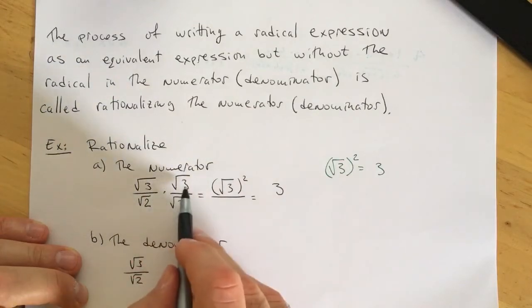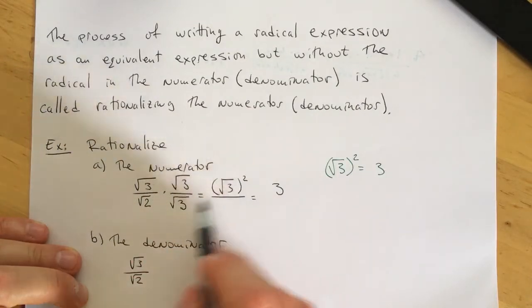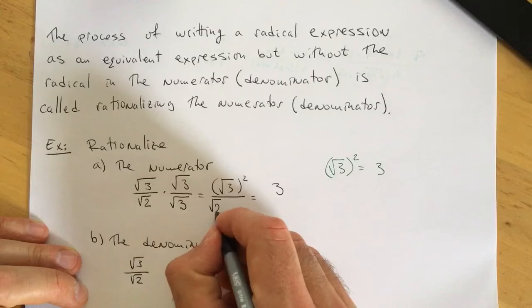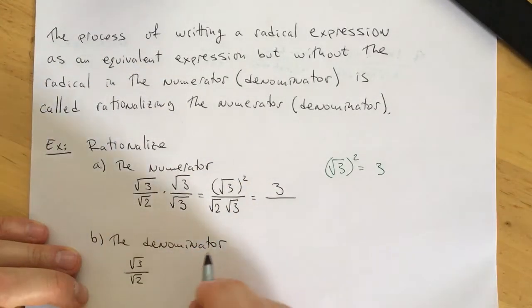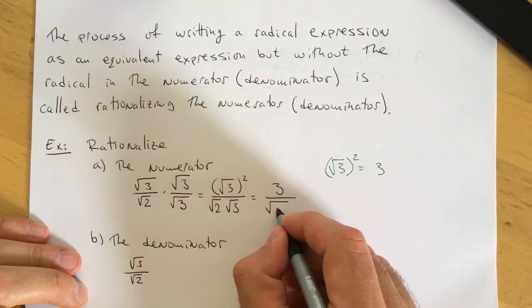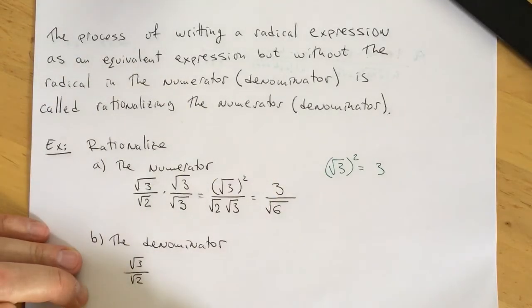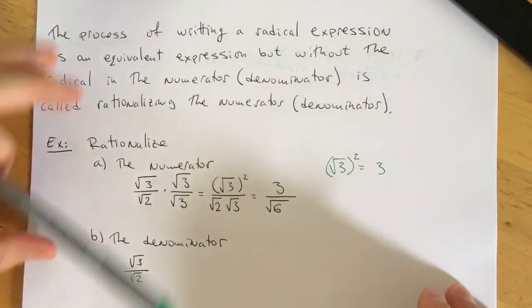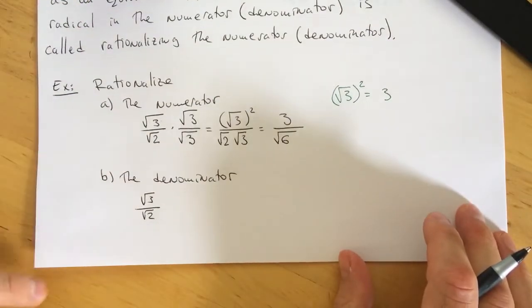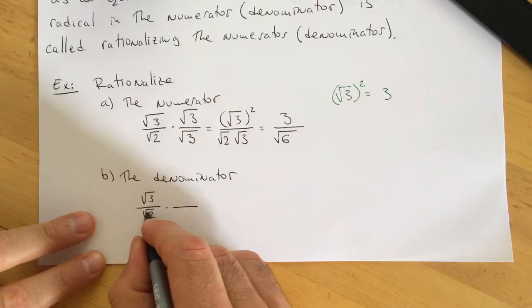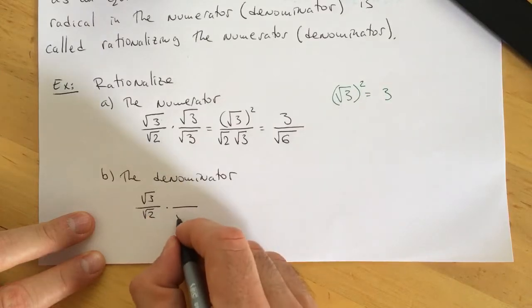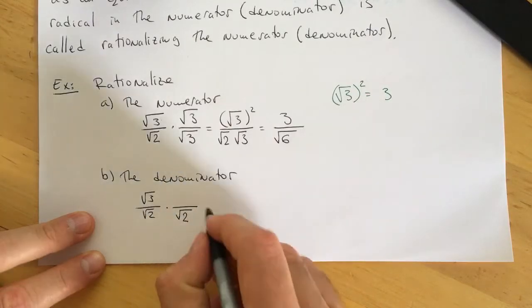So square root of 3 times square root of 3 is square root of 3 squared. In the denominator, I have square root of 2 times square root of 3, and this is equal to square root of 2 times 3, which is square root of 6. Similarly, if the question is rationalize the denominator for the whole expression, now I want to get rid of the square root in the denominator, which means I will multiply it by square root of 2, right?